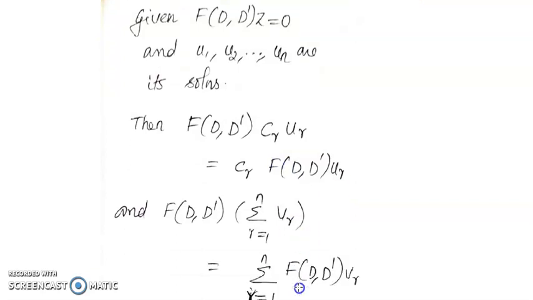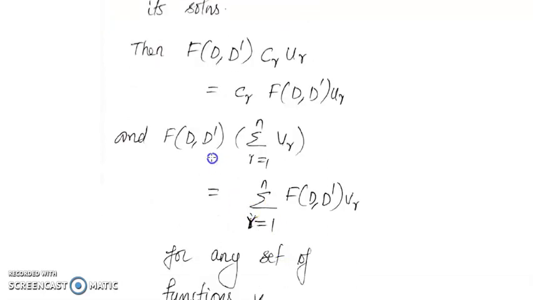Similarly, the derivative of a sum is equal to the sum of the derivatives. So f of d dash summation r equal to 1 to n vr will be equal to summation r equal to 1 to n f of d dash vr, for given functions v1, v2, vn.